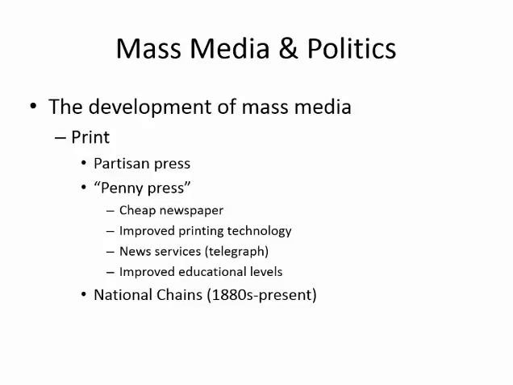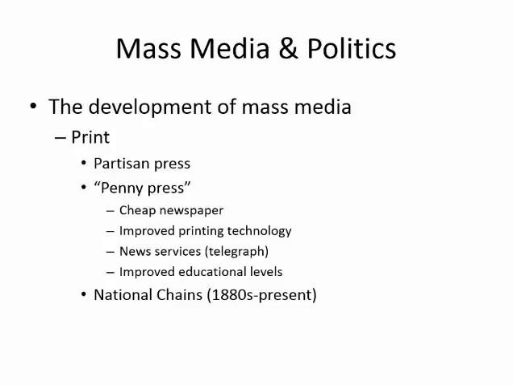Now, there were a number of factors that led to this, and we could probably take a great deal of time to talk about how the advent of cheap newspaper rather than the rag-based paper that had been used, the improved printing technology, making it possible to print hundreds of papers per hour rather than hundreds per day, the advent of the telegraph, which made it possible to transmit information very, very rapidly.